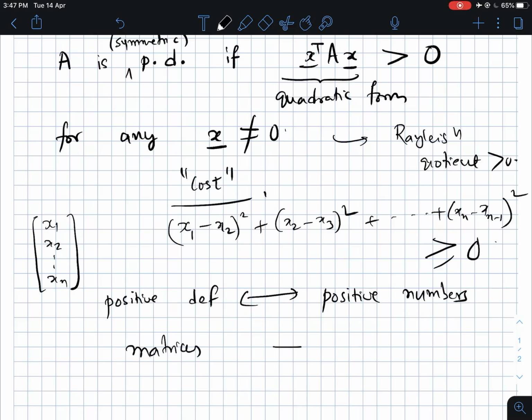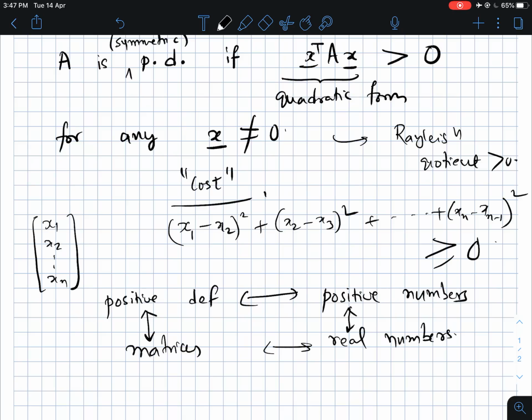If you think of matrices as being analogous to real numbers, as a lifting up of real numbers, where real numbers are just 1 cross 1 and you generalize them to get matrices, then whatever relationship positive numbers have to real numbers, positive definite matrices have a similar relationship to matrices.